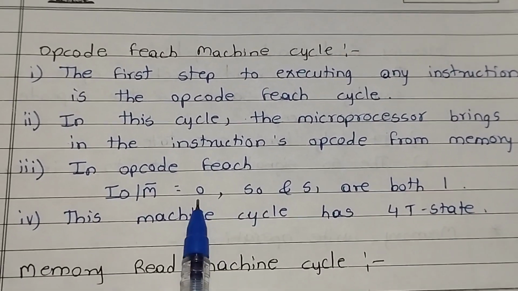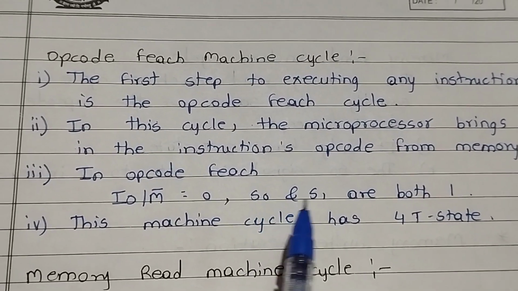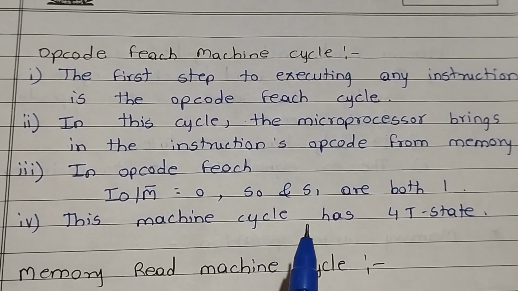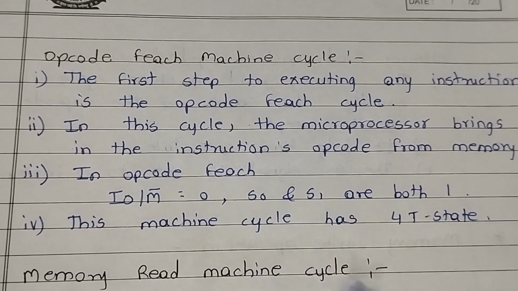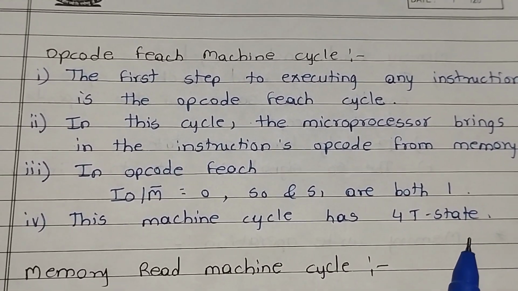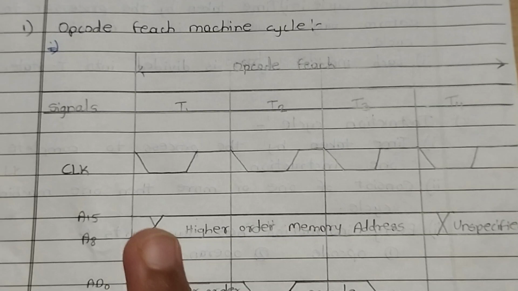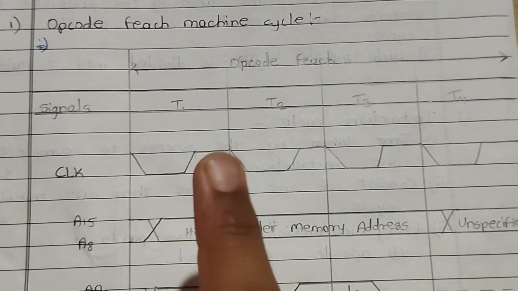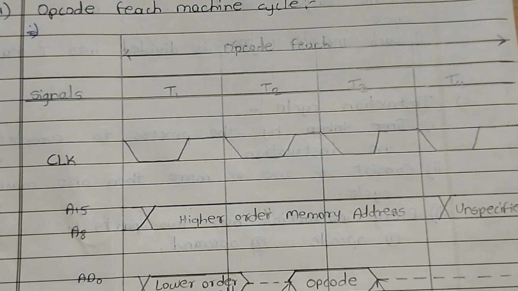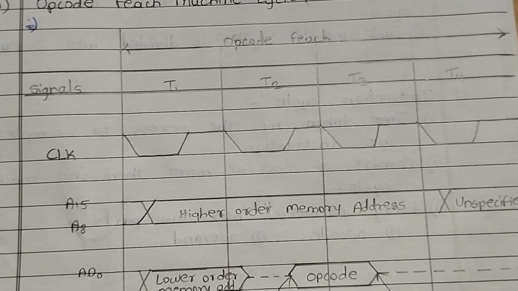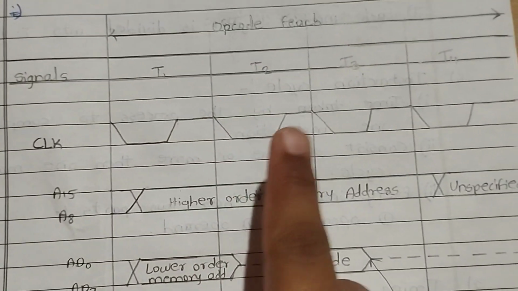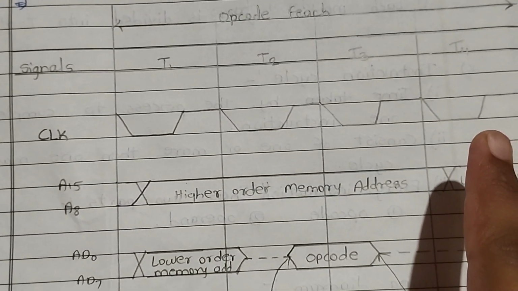IO/M bar is equal to 0, and S0 and S1 are 1. The opcode fetch machine cycle requires 4 T states. So how do we draw the opcode fetch machine cycle? We know for the opcode fetch we want 4 T states. So first draw the columns for the T states, meaning T1, T2, T3 and T4.